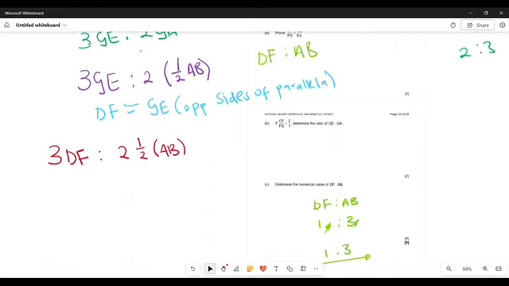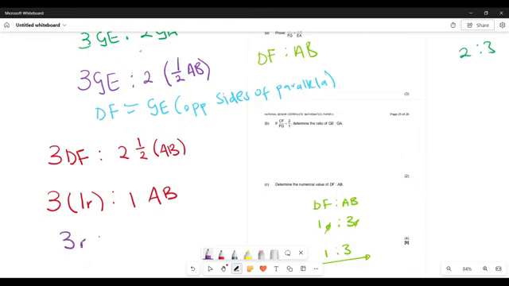Now, substituting my values here, 3 multiplied by the ratio of DF, remember I found it as 1R, is 3R on one side, and 2 multiplied by a half is the same as 1 AB. So this would be 3R on the other side, is to 1 AB.